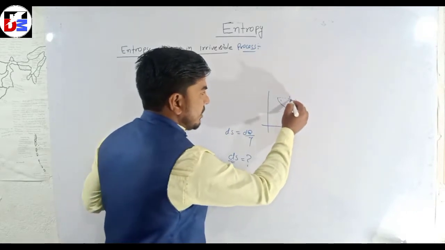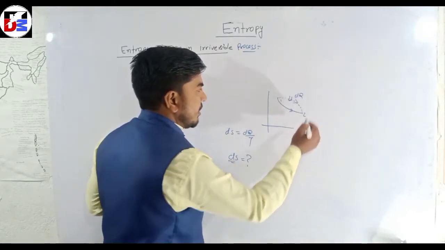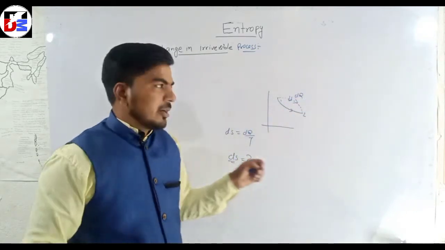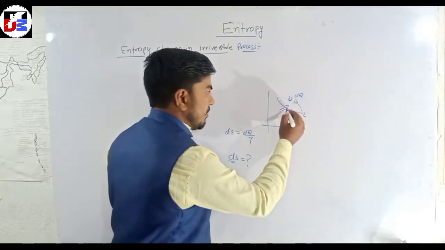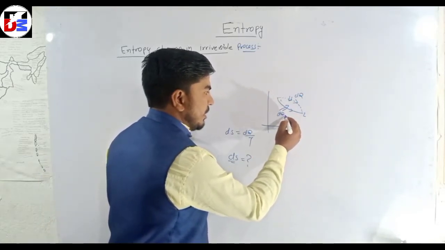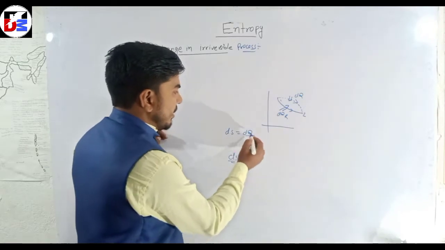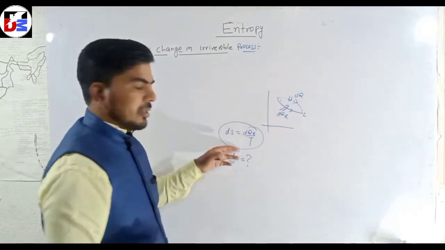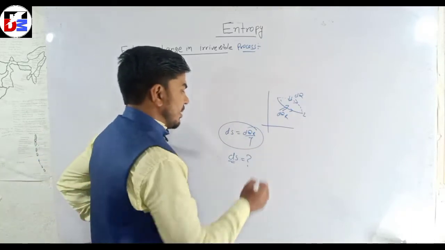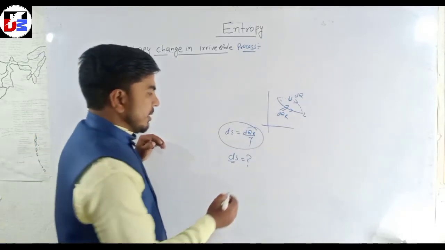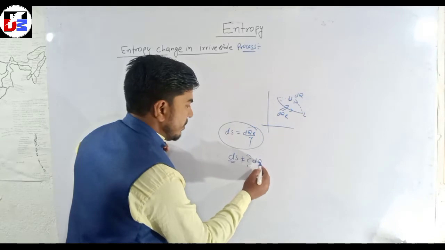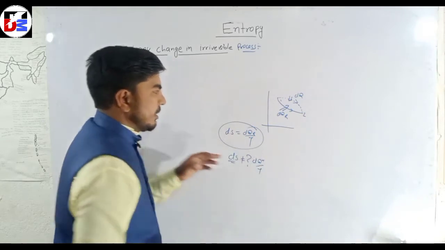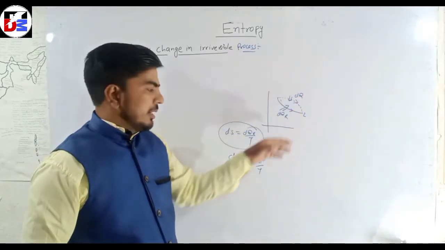If here dQ is a heat transfer in an irreversible manner, and dQ reversible is the heat transfer in a reversible manner, then dS is equal to dQ reversible upon T. This is the entropy change in a reversible process, but dS is not equal to dQ by T for the irreversible dQ.